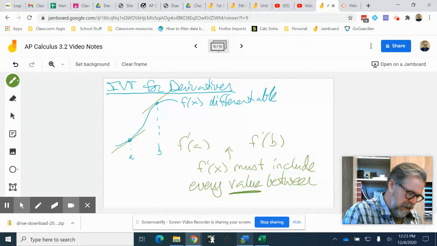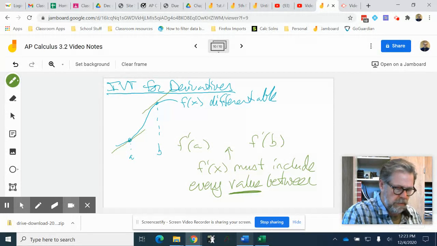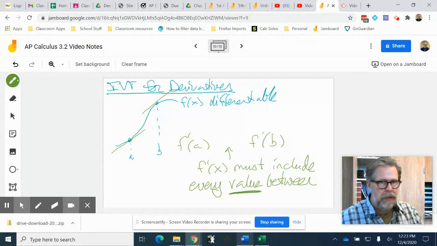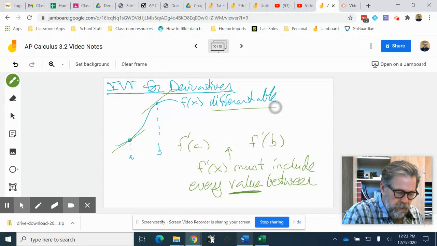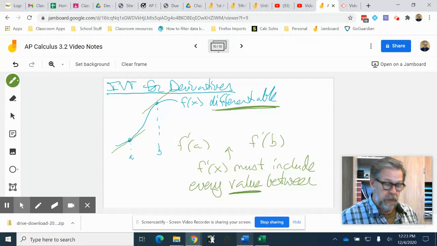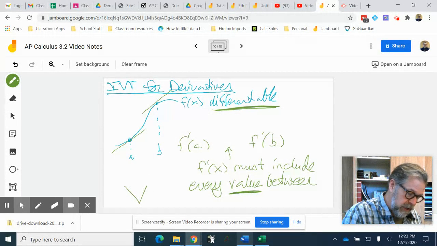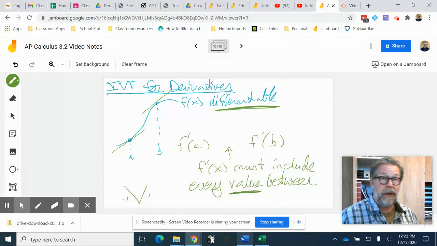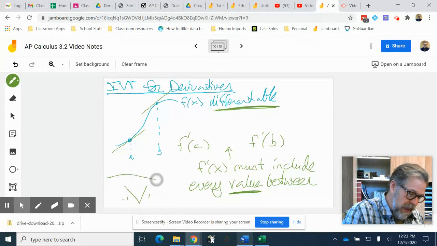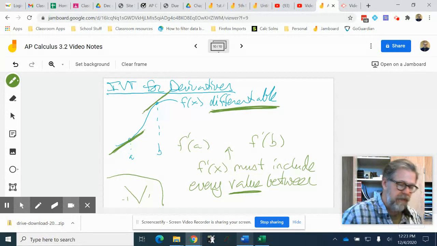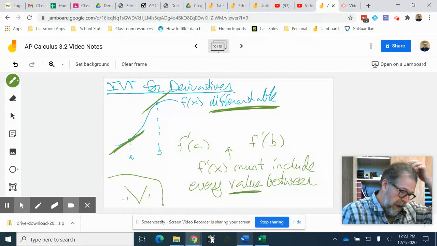You can't get from slope 0 to slope 1, or from slope 1 to slope 5, without going through the stuff in between, so long as the function is differentiable. Obviously, this doesn't apply to absolute value of x, because here I got -1, here I got 1, and I didn't go through any of the slopes in between. So if the function is differentiable, then to get from one slope to another, you have to go through all the slopes in between. All right, cool.